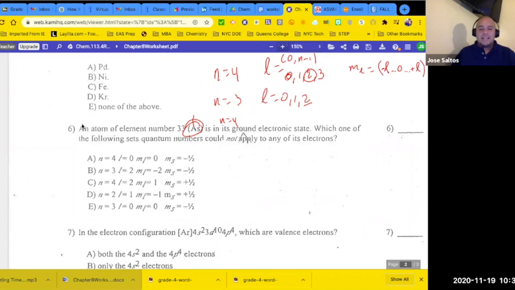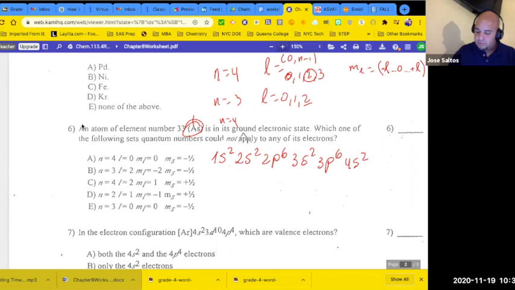So one thing that can help us greatly is to do the electron configuration for arsenic, and then we can figure some things out. We have 33 electrons, so we're going to start building our electron configuration the way that we have practiced. 3d10, that's 30, and then I do 4p6.